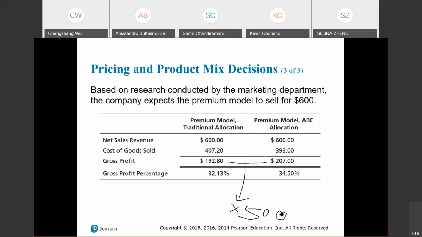So to maximize profits, the company should continue to sell as many of the standard model as possible. This is a product mix decision. Product mix considers overall production capacity and focuses on producing the mix of products that is most profitable, considering limited production capability.